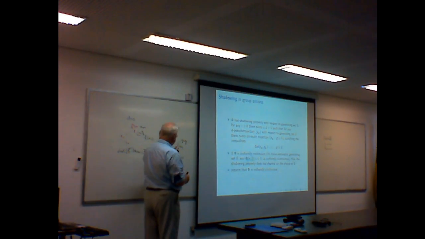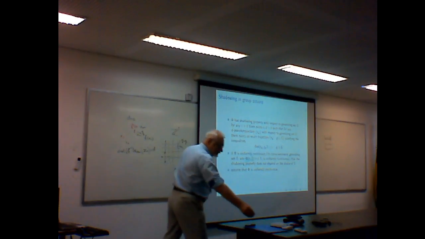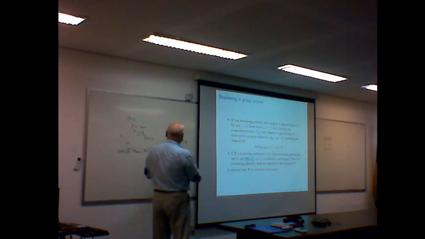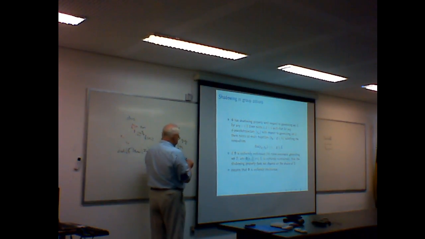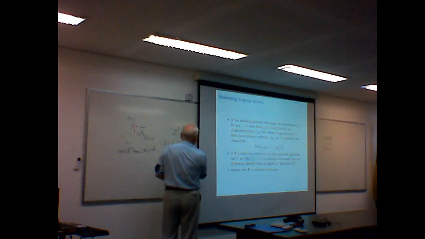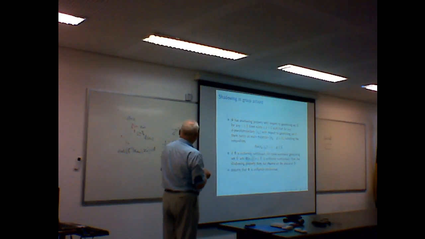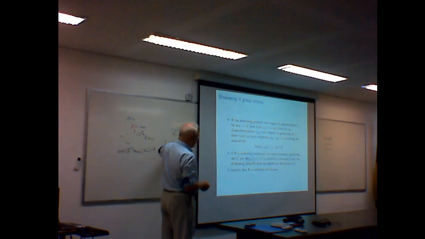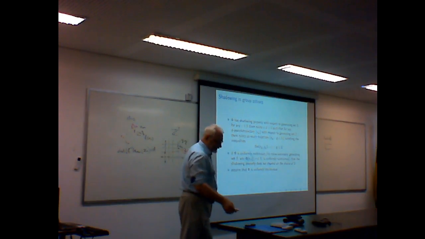So at any point, any element of the group, we have this approximate trajectory value, and we have the exact one, and the difference is less than epsilon.